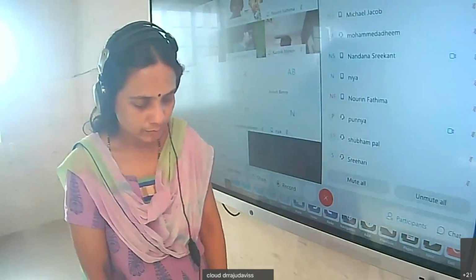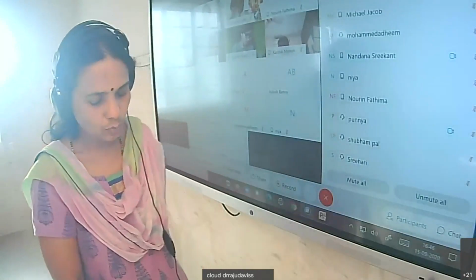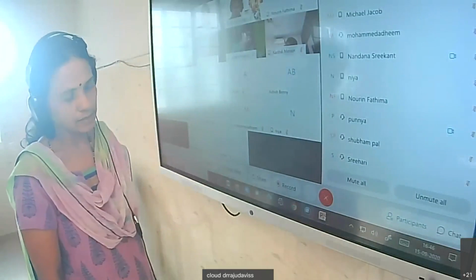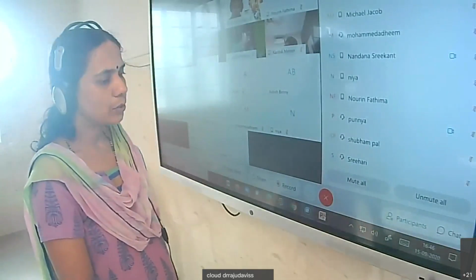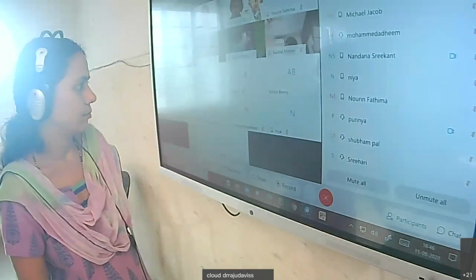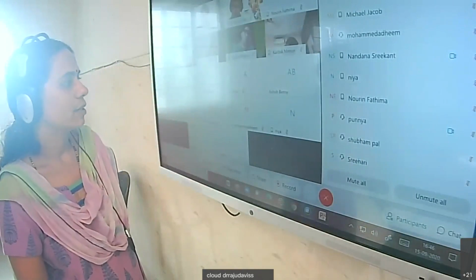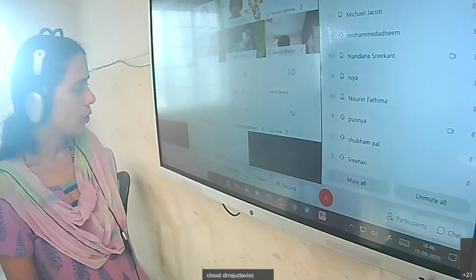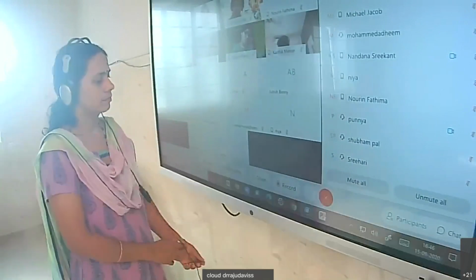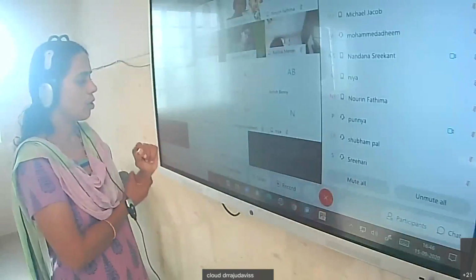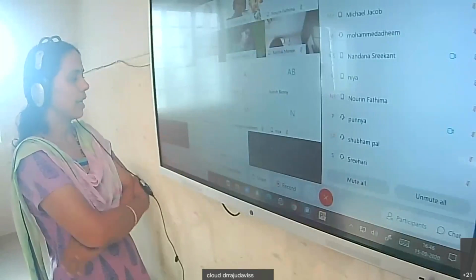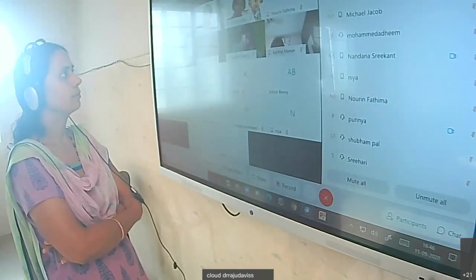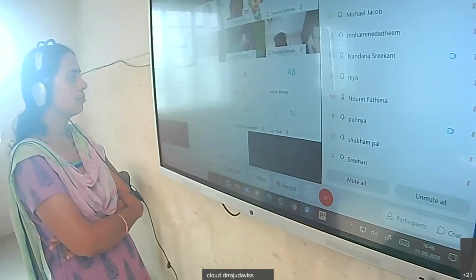Find the derivative of x cube minus 8 using first principle. Do it.